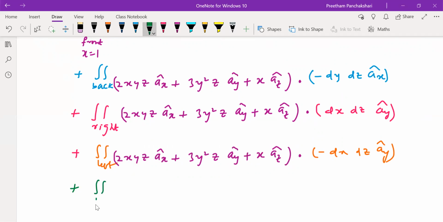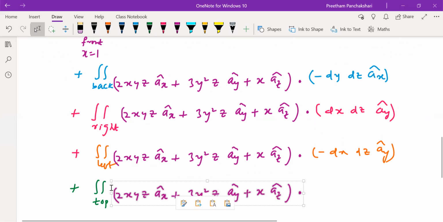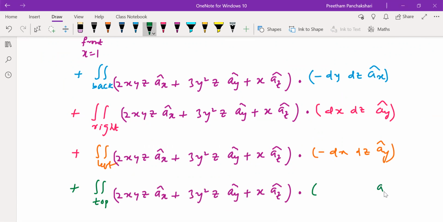Now we are left with two more integrals, one for top face, same vector. The top surface is perpendicular to z-axis. So a cap z is the direction. So the area is dx into dy.